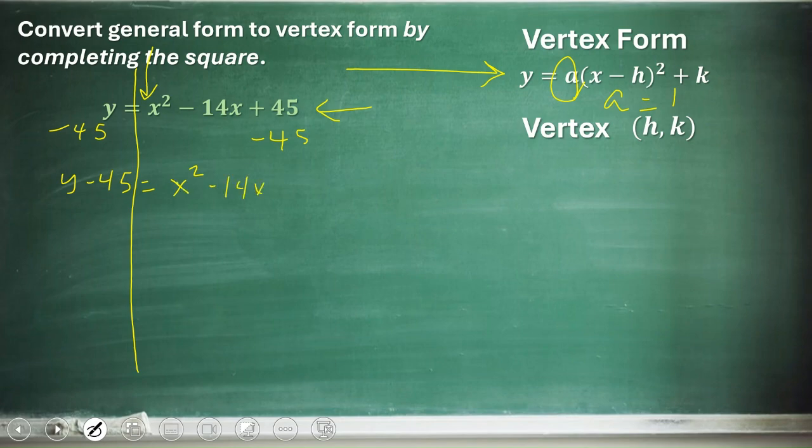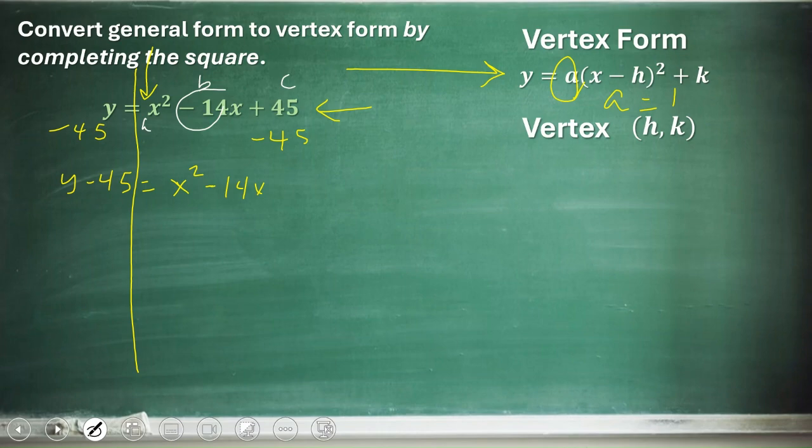This method is called completing the square because it involves making a perfect square. The way we make our perfect square is we look at our b term. As a reminder, the leading coefficient is a, this term, negative 14, is b, and then our constant is our c term.